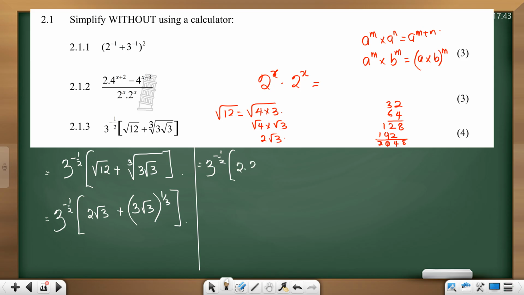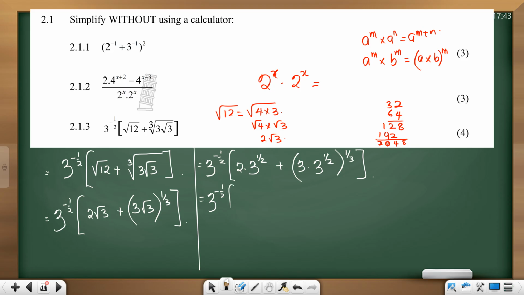This is 2 multiplied by 3 to the power half plus 3 to the power half, multiplied by 1 over 3. I hope that's making sense. I'm trying to do it step by step, every little step.